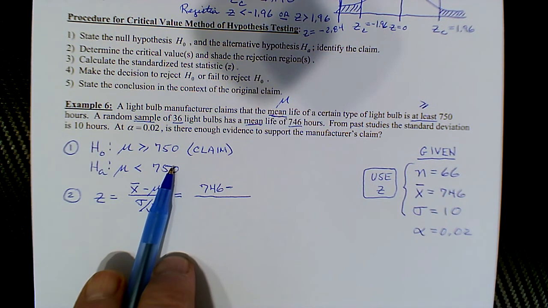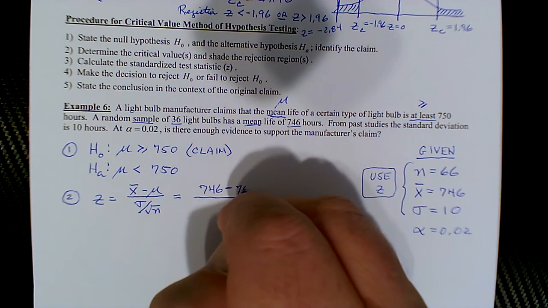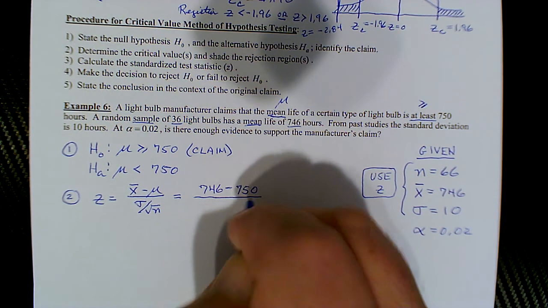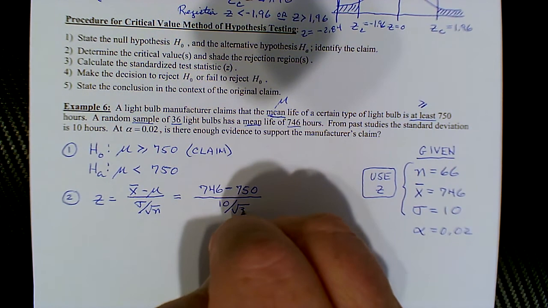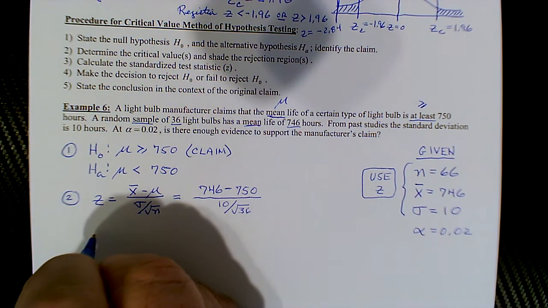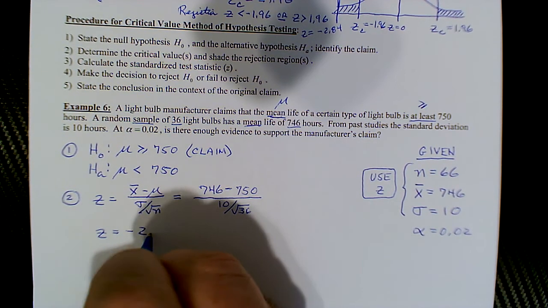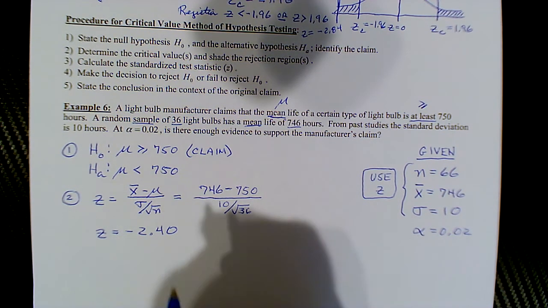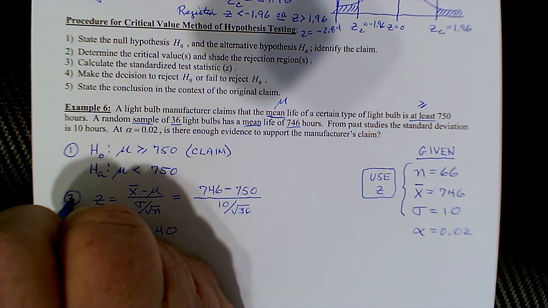And then over sigma, the given was 10, divided by the square root of n, which was 36. So crunch that down, negative 2.40. Oh, I'm sorry, that's actually the standardized test statistic. I switched these steps up. That's step 3. Step 2 is the critical value. I apologize for that, but no big deal.